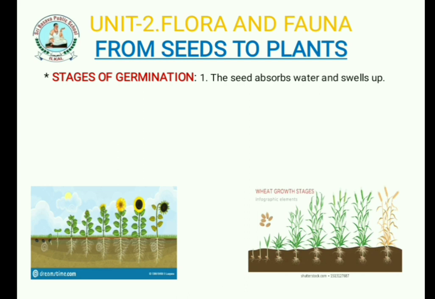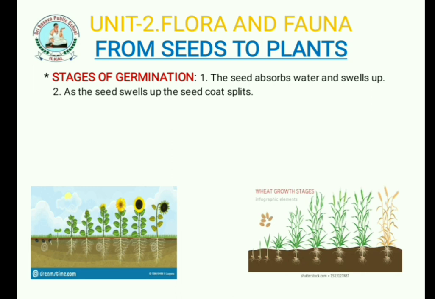First, the seed absorbs water and swells up. In the first stage, during germination, the seed absorbs water and swells up. Clear? Swells means bulging. Second point, as the seed swells up, the seed coat splits.